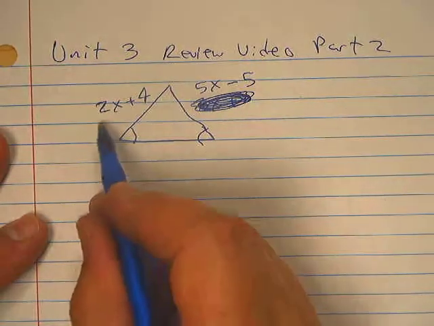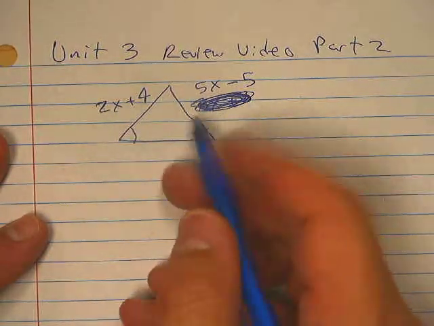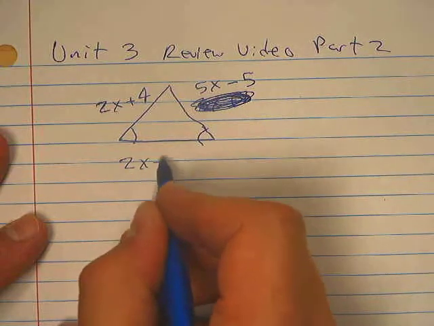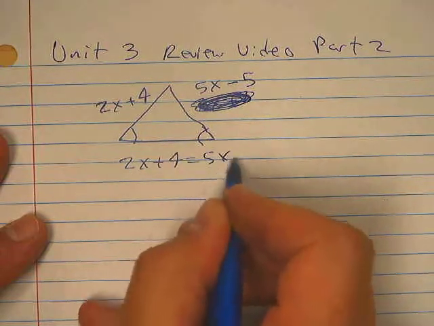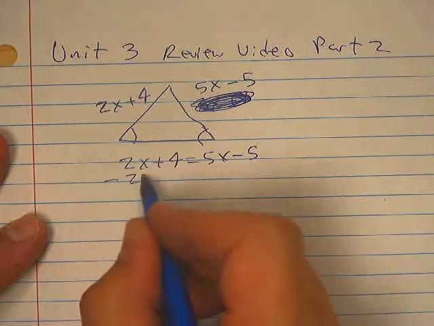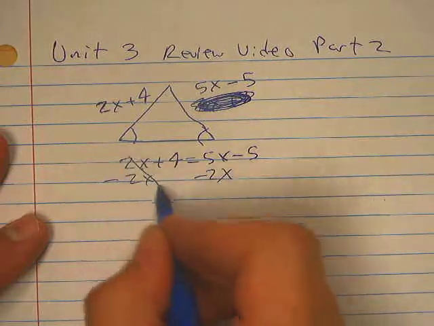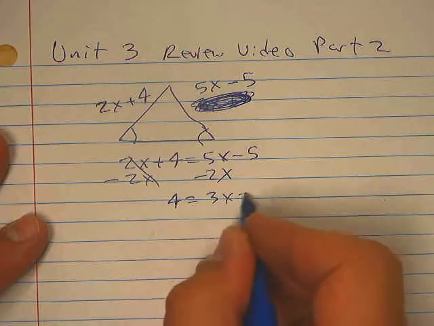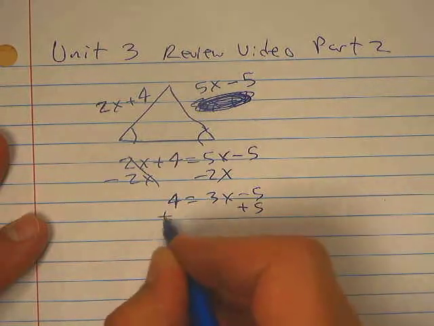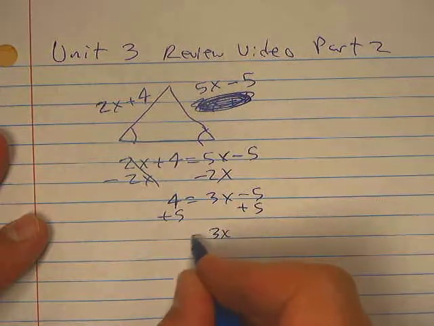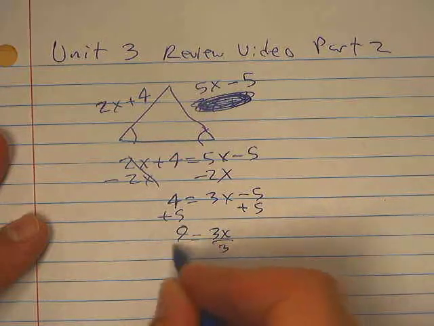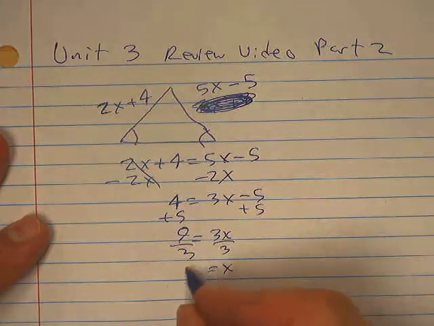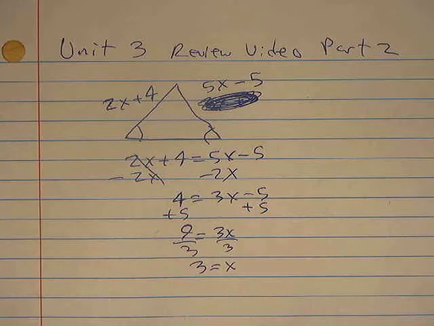So I know that these two would be equal to each other. So I'd take 2x plus 4 equals 5x minus 5. Subtract 2x from each side, and I get 4 is equal to 3x minus 5. Add 5 to each side, get 3x equals 9. Divide by 3, x equals 3. So there's one type of problem there for you.